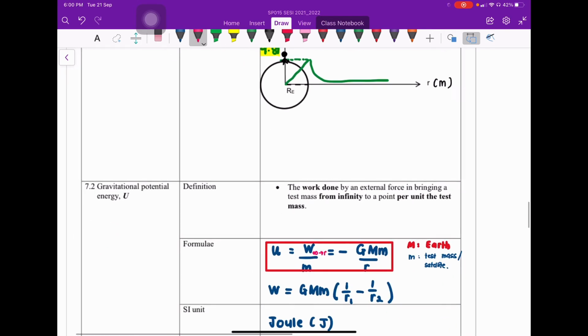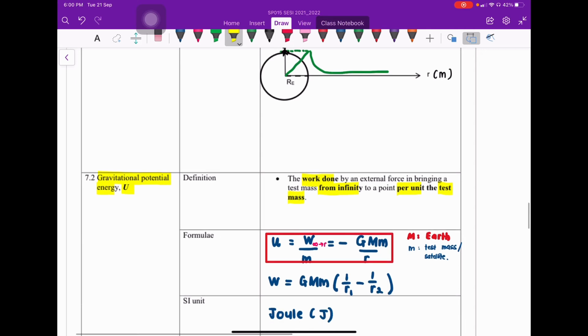Subtopic 7.2 is gravitational potential energy, and the symbol is U. Gravitational potential energy is the work done by an external force in bringing a test mass from infinity to a point, per unit test mass.